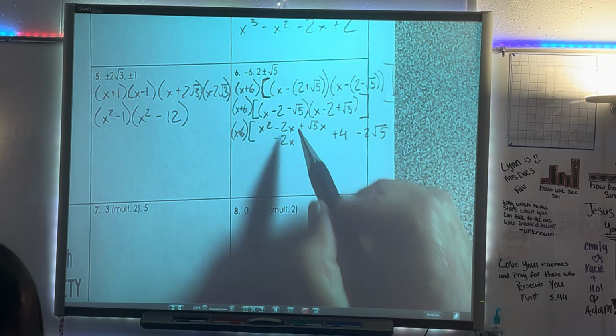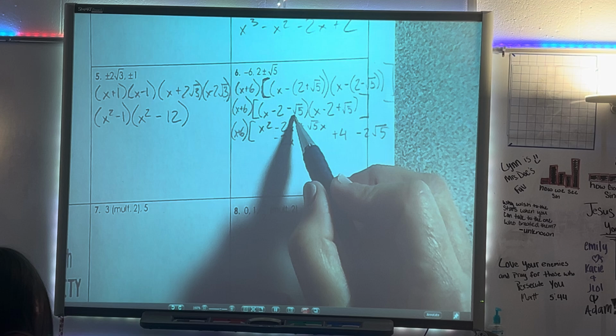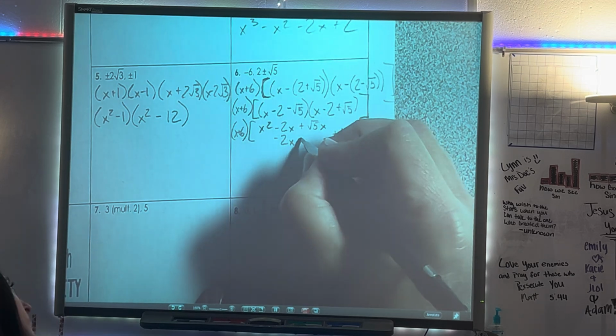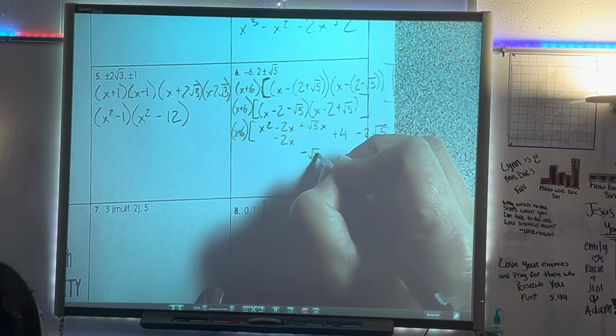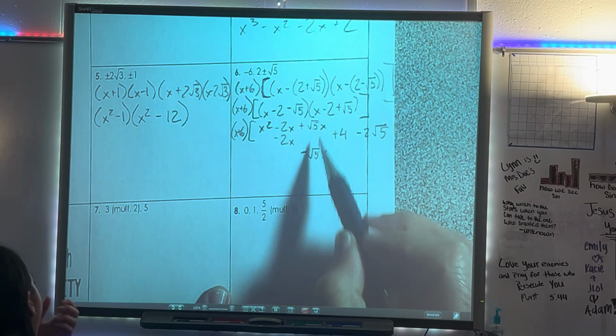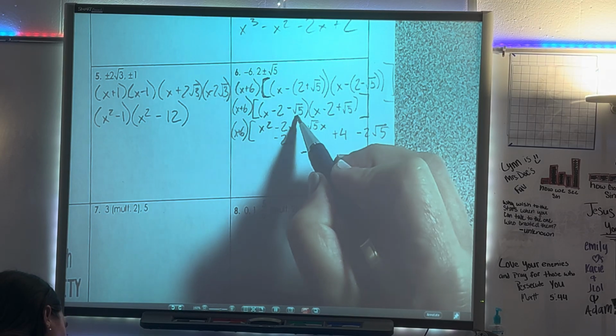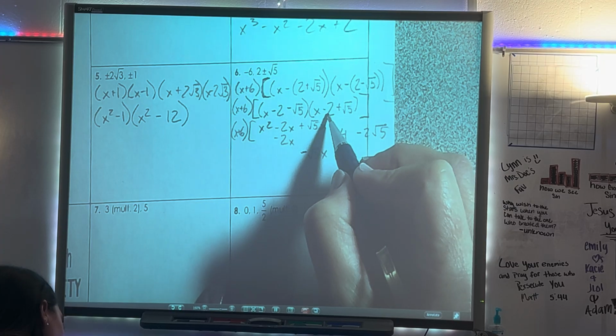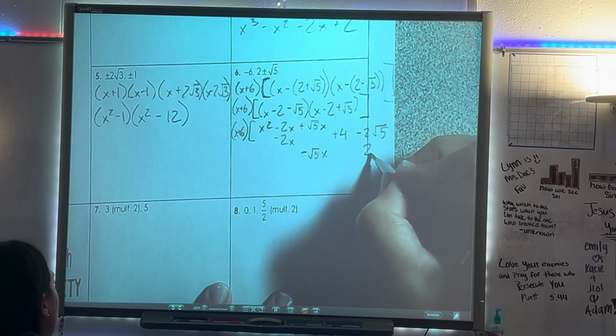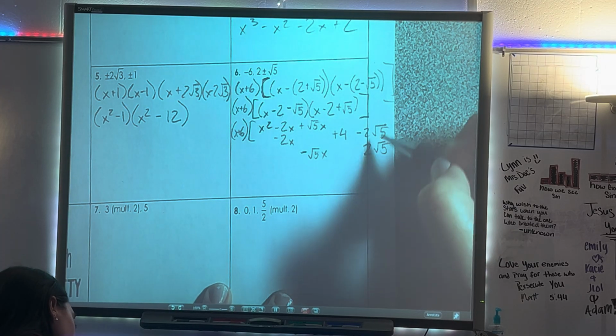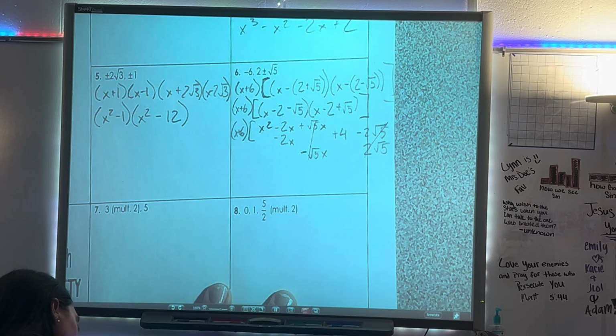Now I've got the negative square root of 5 times x gives me negative square root of 5 times x, which is going to make this cancel right here. Y'all okay there? Alright, then I'm going to have negative square root of 5 times negative 2, which is going to give me positive 2 square root of 5, which is going to make these two cancel.